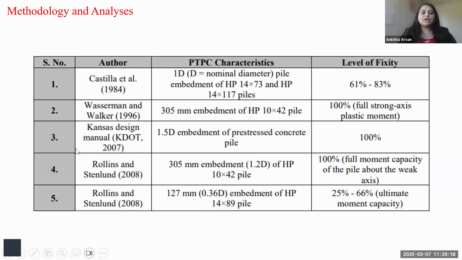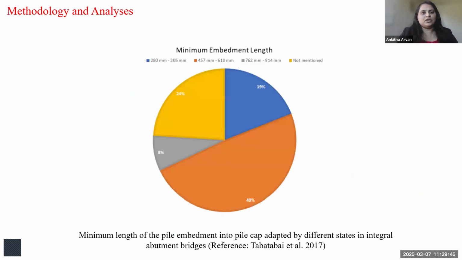Based on these models and existing work, I've done a thorough review of what effect these levels of fixity and the PTPC pile to pile cap connection characteristics have. Say, with the diameter of the embedment or the pile size, what could be the level of fixity. These are some examples of people who provided the fixity levels based on these pile characteristics.